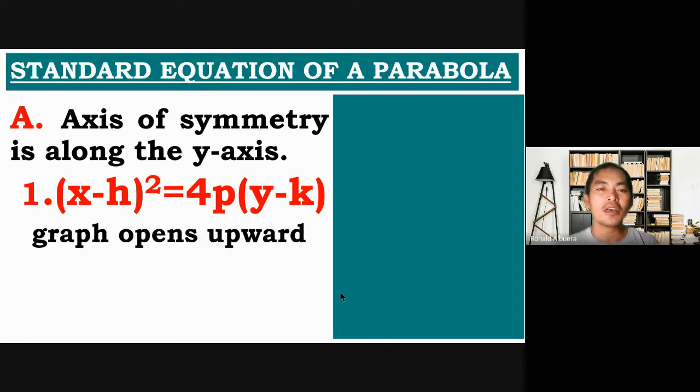Okay? Bakit ang graph nito opens upward? Kasi ang tatandaan nyo lang, kung ang may square ay variable x, it's a function. Kung function siya, it means the graph should open upward or downward.